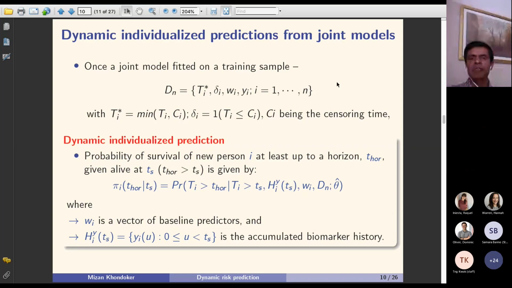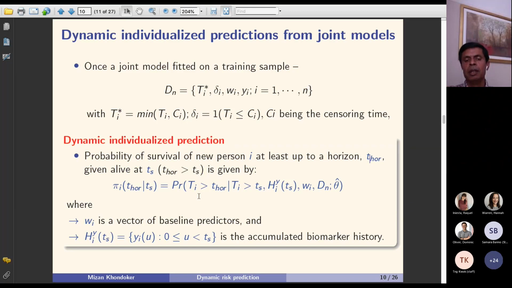Once a model is fitted to the training data, dynamic individualized prediction can be made based on the fitted joint model and the data. This gives the probability of survival of a new person i up to the time horizon, which is the time window that you want to use to make the prediction, given alive at the landmark point.